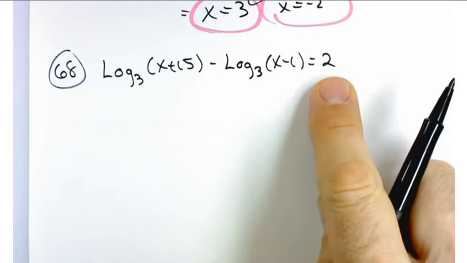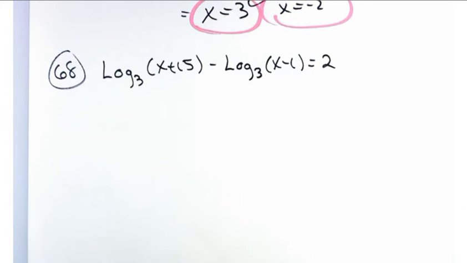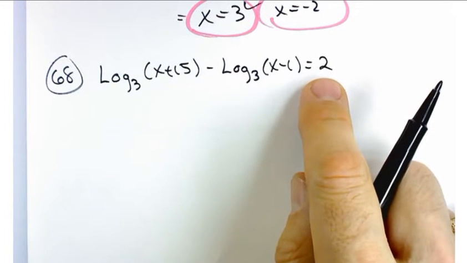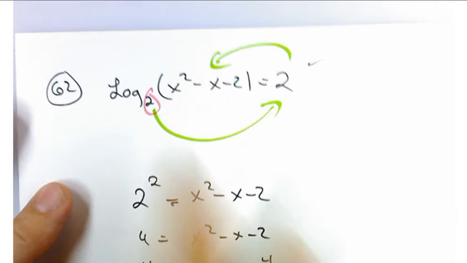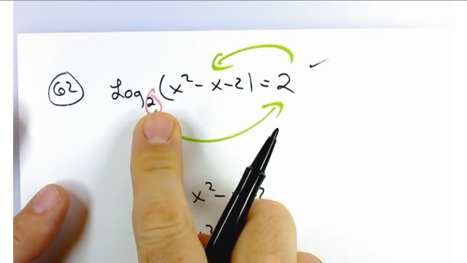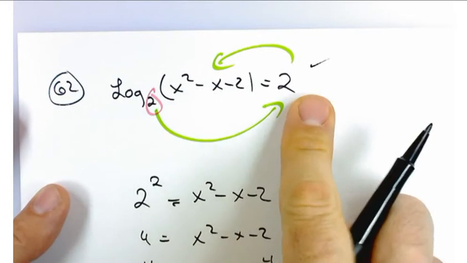Yeah, there's no log here. I'm not going to be able to get this as log of something equals log of something else. So I want to do something like I did for problem 62, but I'm running into a problem there as well. I don't have just one log equals something.